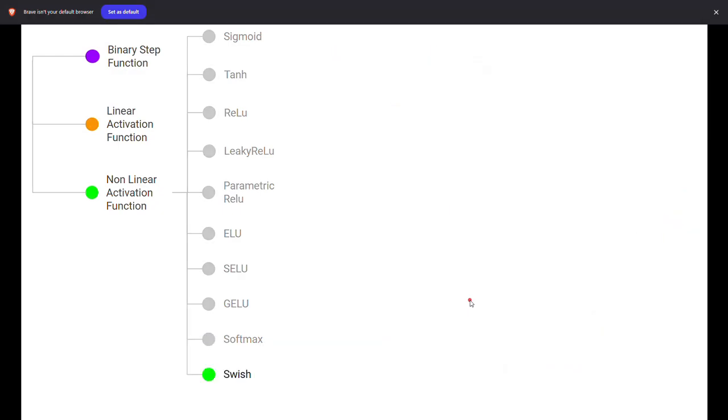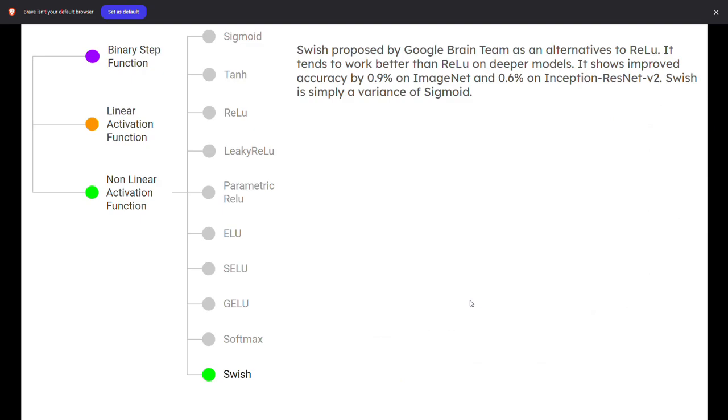The next is Swish. Swish was proposed by Google Brain as an alternative to ReLU. It tends to perform better than ReLU in deeper models, meaning models with a large number of layers.